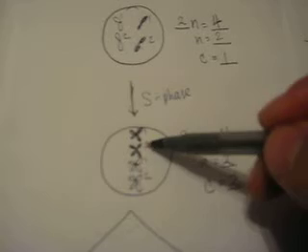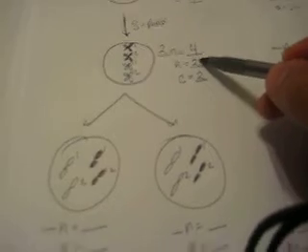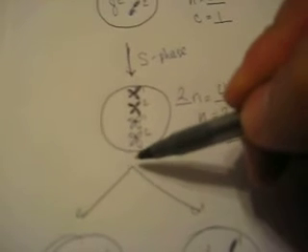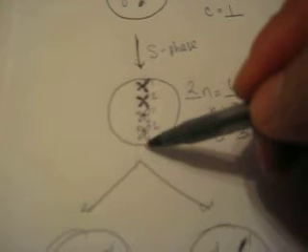You don't have 3s, you have only 1s and 2s. That's why this is N equals 2. Now, what's going to happen is these will line up in a straight line in a single file, and they're going to divide at the centromere. And whenever you divide at the centromere, you're going to decrease the copy number by half.